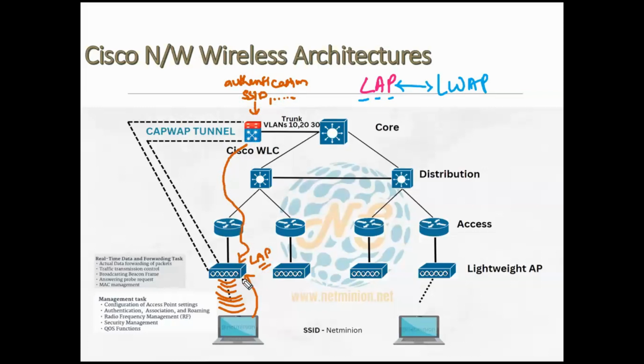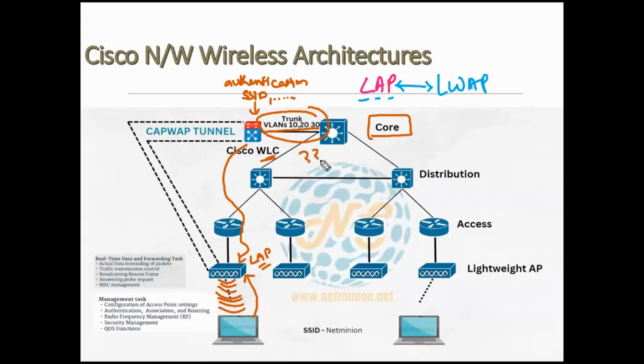So it does not have its own mind, you can say. With the split MAC architecture, we require a WLC first of all. WLC always connects to the core, and in between the WLC and the core there would be a trunk.